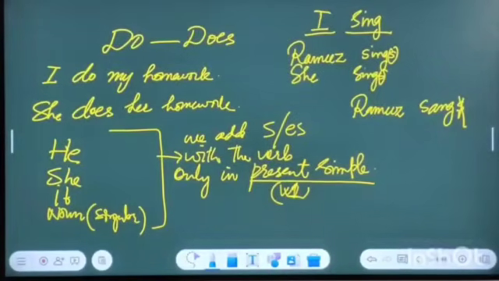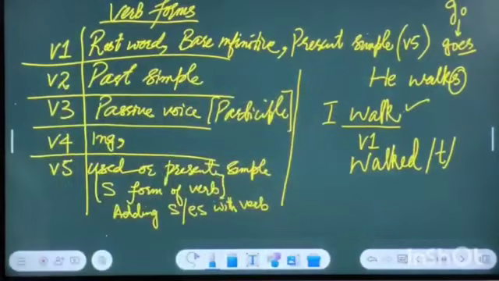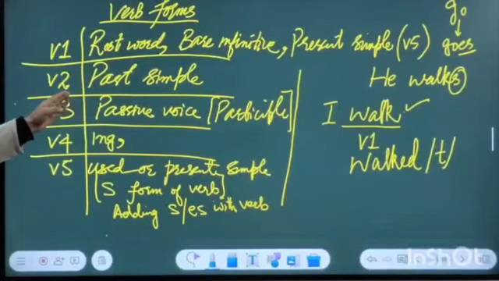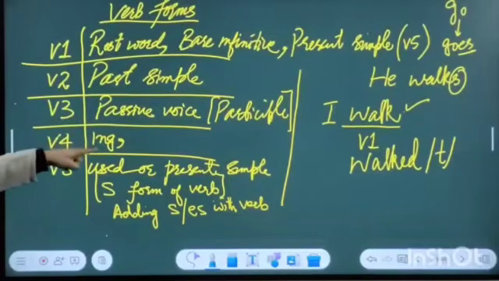Any confusions? No? Okay. So we were talking about verb forms. V1 is the bare infinitive, used for present simple. This is used for past simple. This is used for passive voice. We call it participle. This is used for ing. Where do we use the ing form?